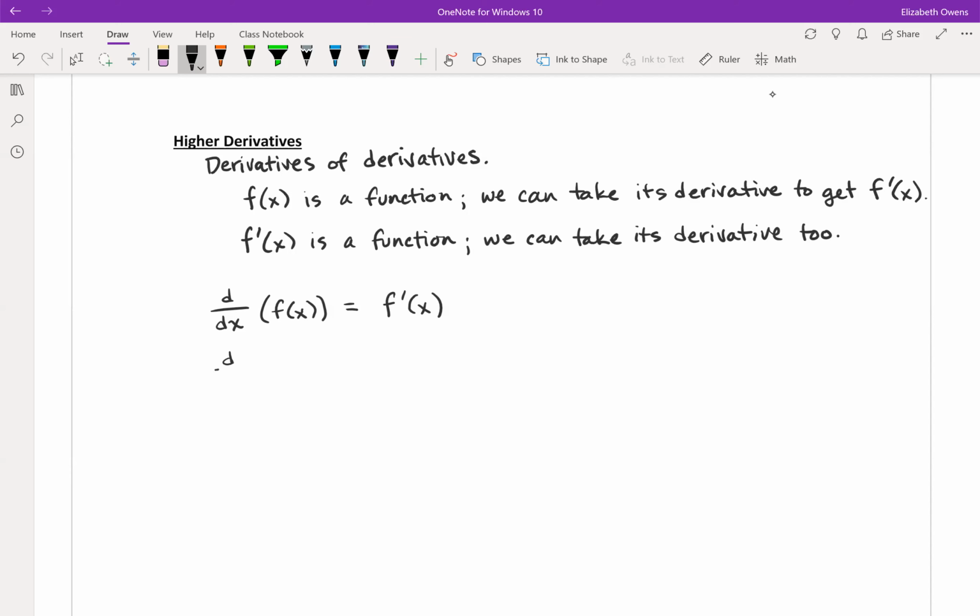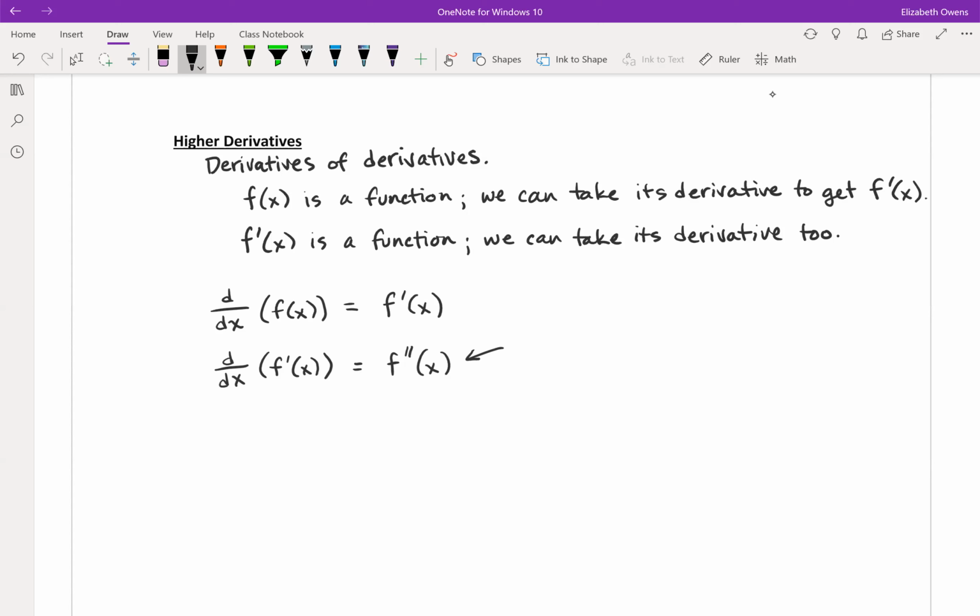Now, if you do the derivative process again on f prime of x, so taking the derivative with respect to x of f prime of x, that is going to look like f double prime of x. So you get two of those little prime symbols there in the Newton notation.